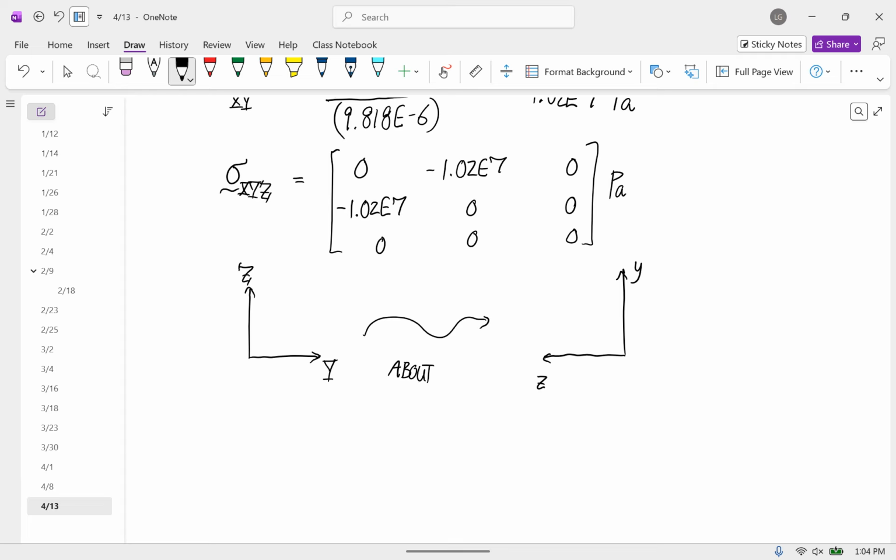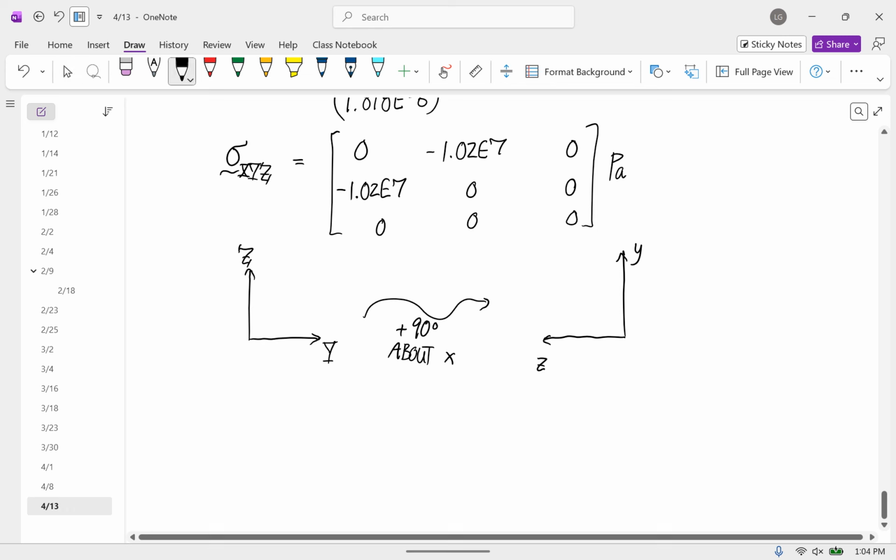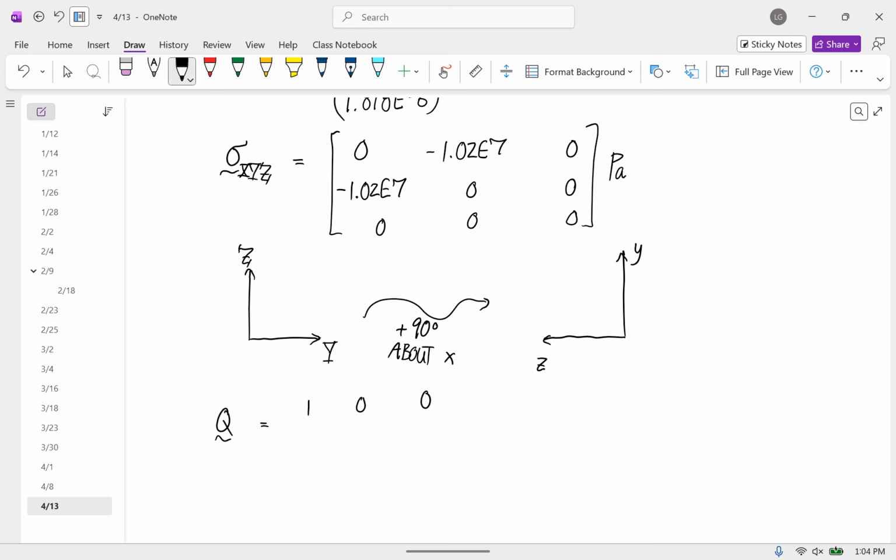What rotation does that have to be? Positive 90 degrees, yep. Counterclockwise 90 degrees. So our rotation matrix is 1, 0, 0. Then 0, cosine of 90 is 1. Sine of 90 is 0. Negative sine of 90 is 0. Cosine of 90 is 1.